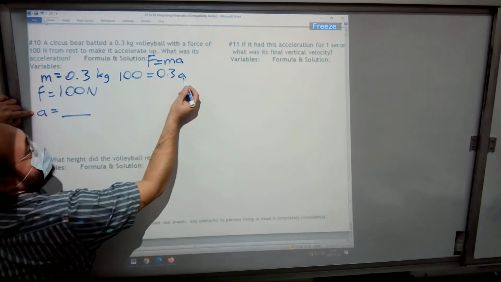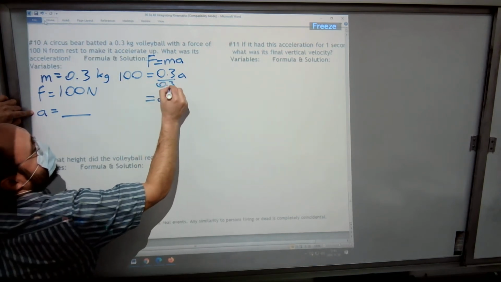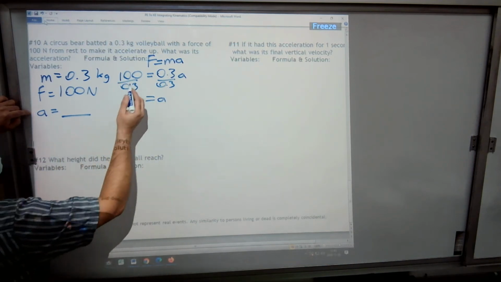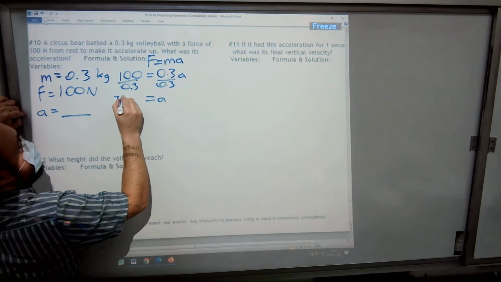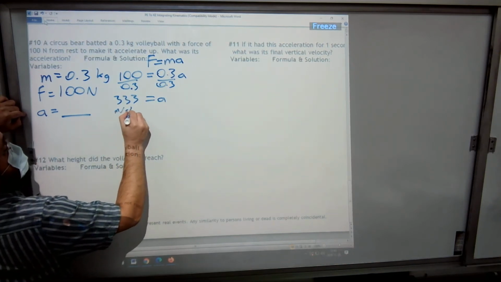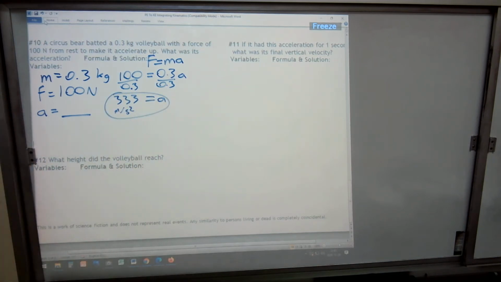So it says a times 0.3 equals 100. I wanted to say equals a, so I'll divide both sides by 0.3. 100 divided by 0.3 is 333. That's acceleration, so it's in meters per second squared. All right, so that's an easy question. We got that question answered, acceleration of 333.